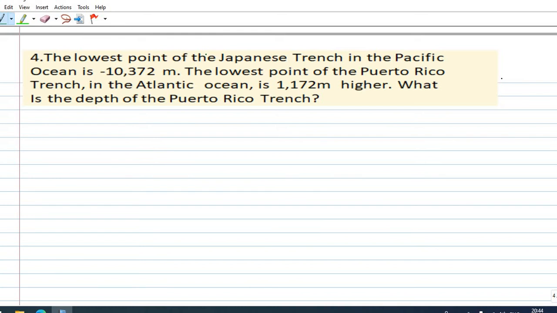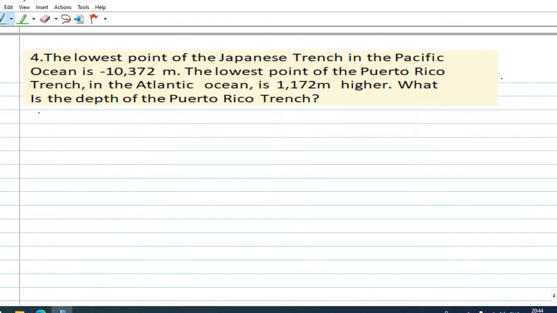See, they have given the depth of the Japanese trench, and when compared to that, the lowest point of the Puerto Rico trench they have given as higher. So what do I have to do? I am going to find out the original depth of the Puerto Rico Trench.